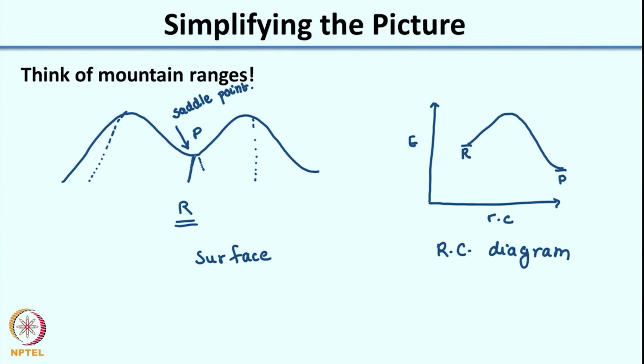So, you are actually drawing this map route in a reaction coordinate diagram, and in this case you have only one hill, unlike the previous case which I showed on the earlier slide where you had two hills. So, this is a much simpler representation of a reaction coordinate.